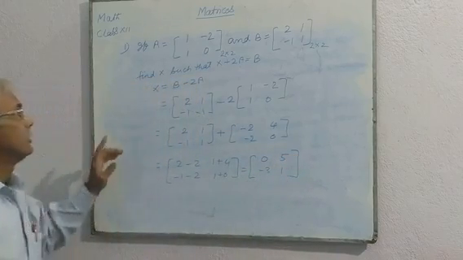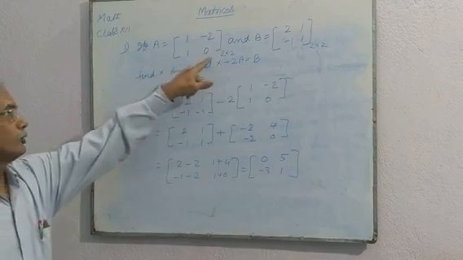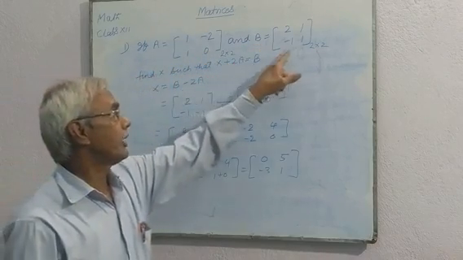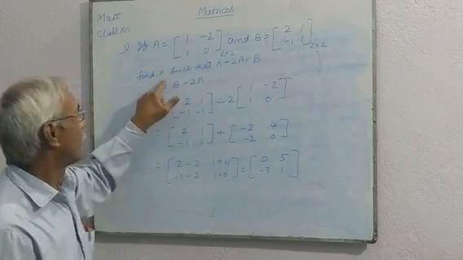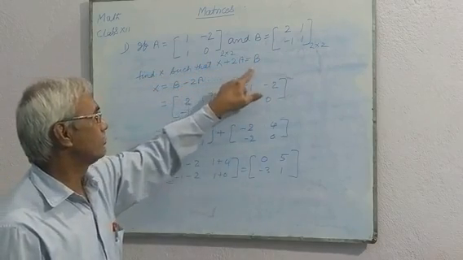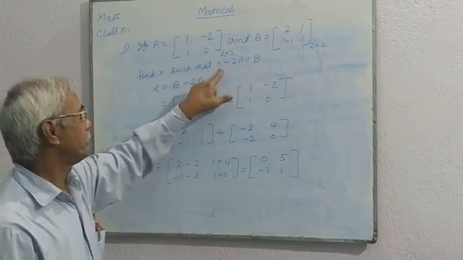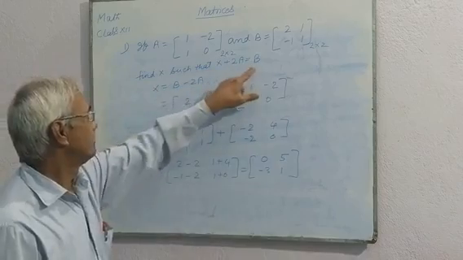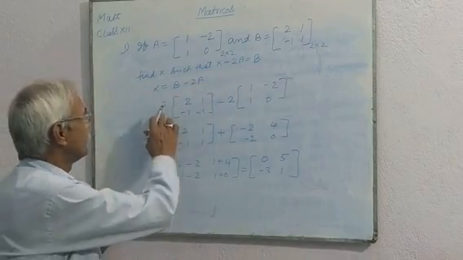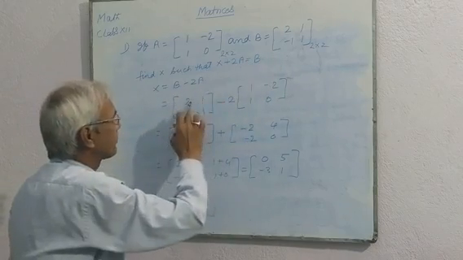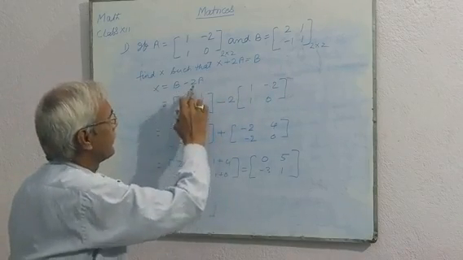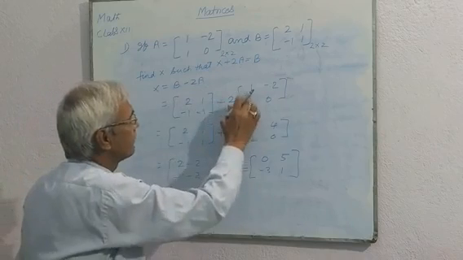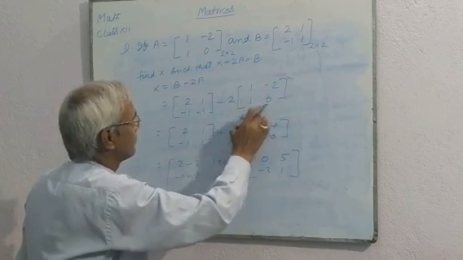Here, the given A matrix is of 2 into 2 order, and B matrix is another 2 into 2 order. Find X such that X plus 2A equals B. First of all, we write this equation as X equals B minus 2A, which equals B matrix 2, 1, -1, 1 minus 2 times A matrix 1, -2, 1, 0.